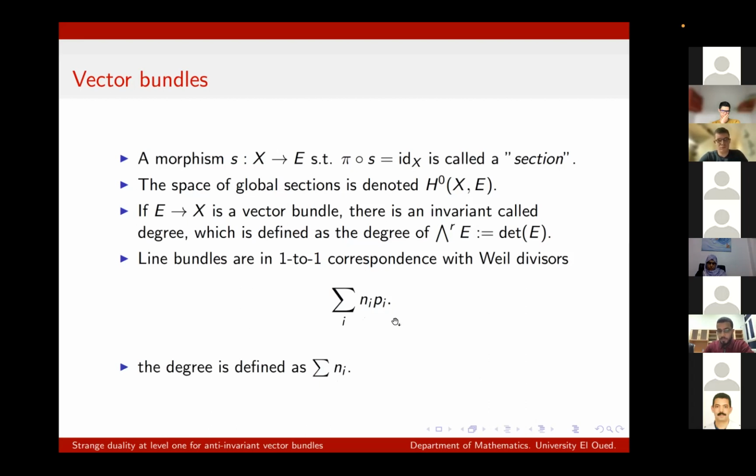Okay, so we have two invariants for any vector bundle here: the rank of the vector bundle, which is the dimension of each fiber, which is equal everywhere, and the degree of the vector bundle. So we hope that there is a moduli space that parameterizes vector bundles of fixed rank and degree.